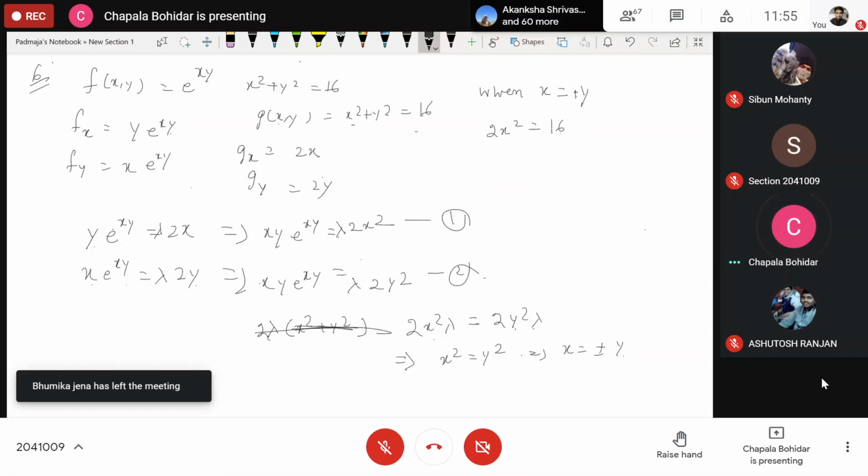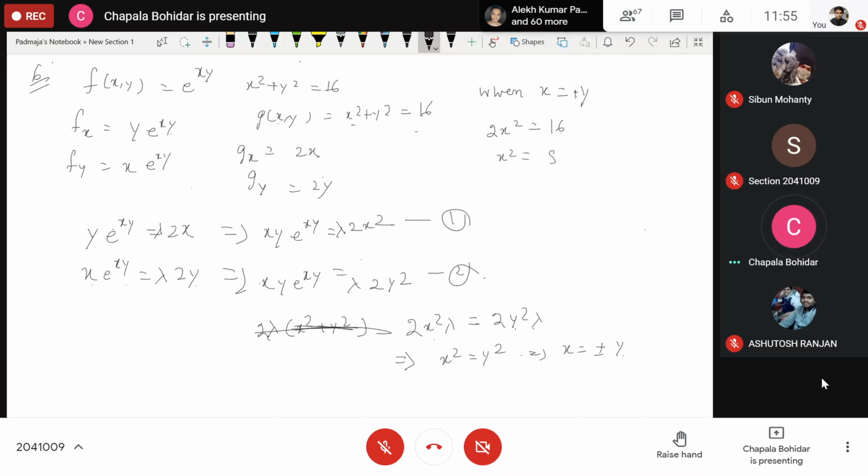So x square is equal to 8. x is equal to plus minus 2 root 2.